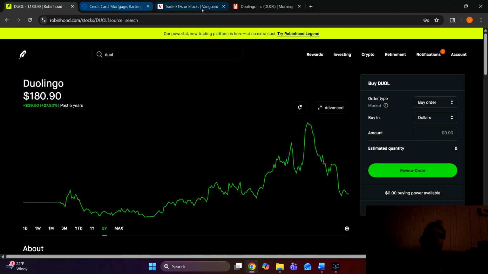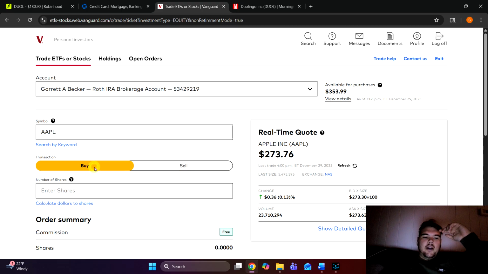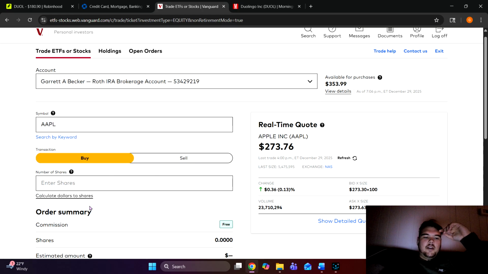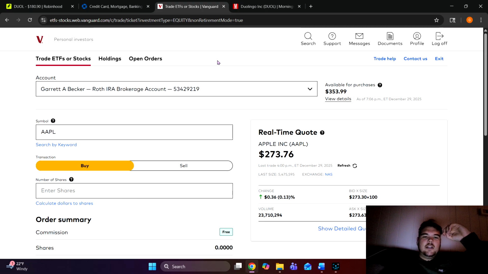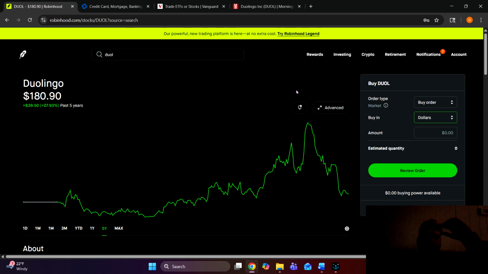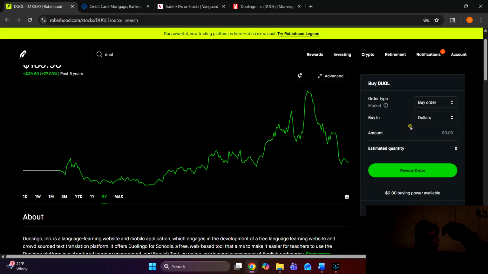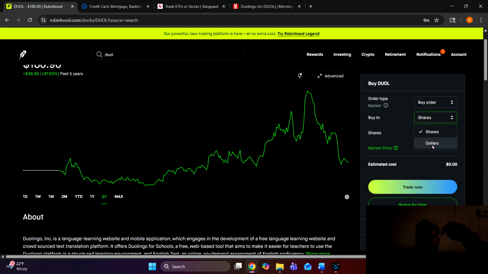Some brokerages will let you buy in dollar amount and in shares, so you have a choice. Some brokerages, like Vanguard, you can only buy in shares. You can't buy in a dollar amount unless it's a Vanguard ETF or mutual fund. So you could do either dollar amount or shares.